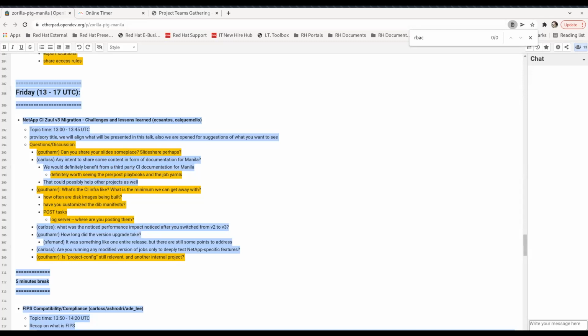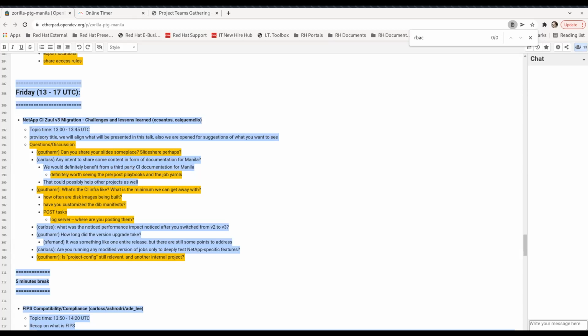Okay. So the next question is whether there is any intent to share some content in the form of documentation for Manila. I'm asking because we will definitely benefit from more complete third-party CI documentation. We have been seeing contributors struggling with setting up CI systems, and they often get lost because there is so much documentation.